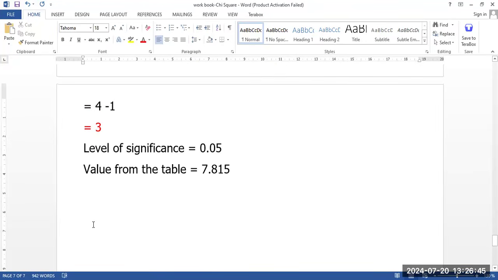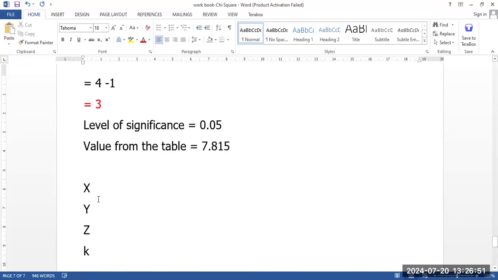If you are given data, let's say X, Y, Z, and K in number in terms of days. Let's say here you observed day one.